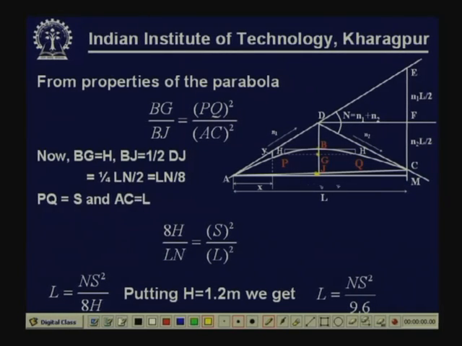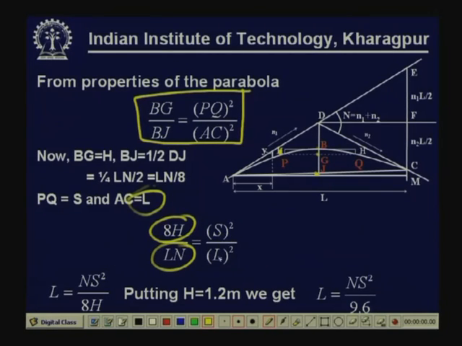Now, BG equal to H, this much height of object, height of driver side, because in this case both are the same, and BJ is half of DJ, that is equivalent to ln by 8. Now, PQ is actually the required side distance, AC is actually the length of the curve. So, from this basic equation we find BG by BJ equal to PQ square by AC square, that is nothing but 8H by ln equal to A square by L square.